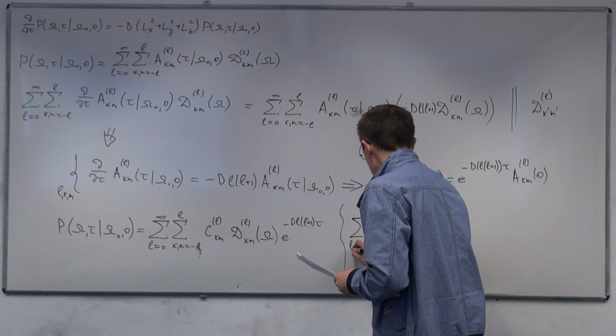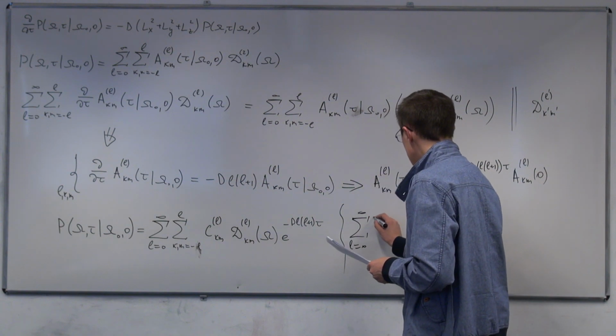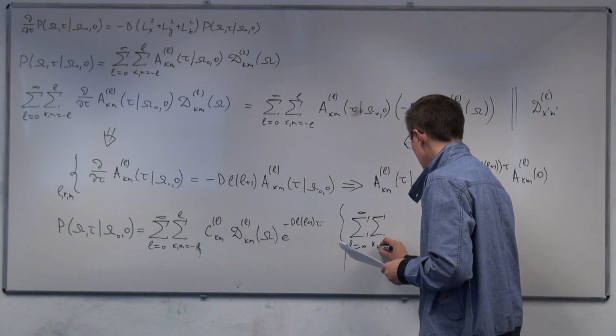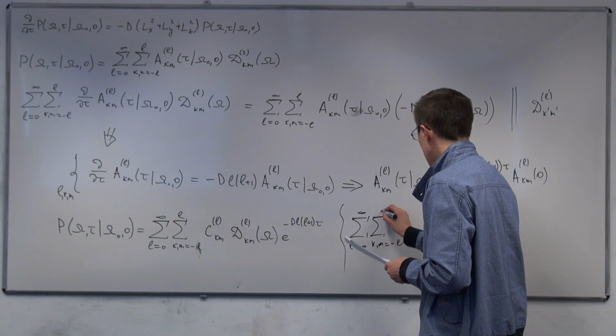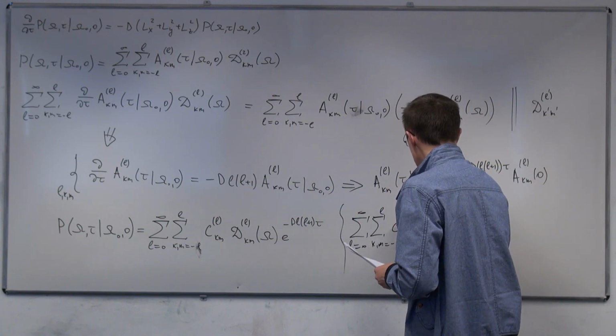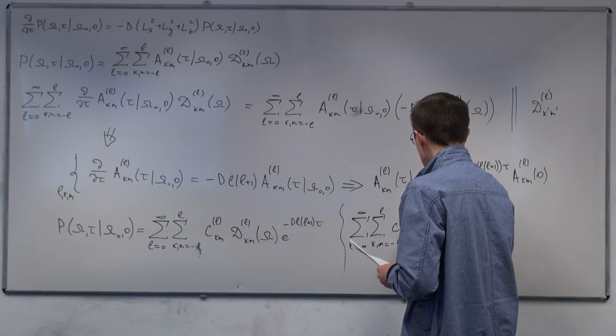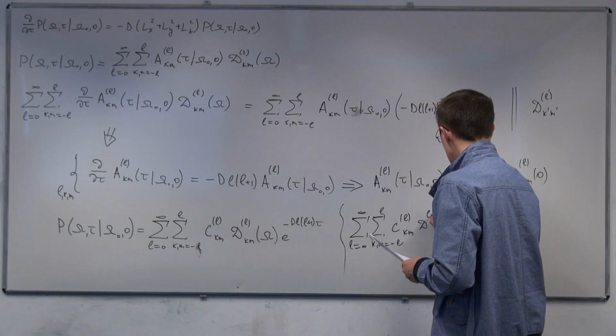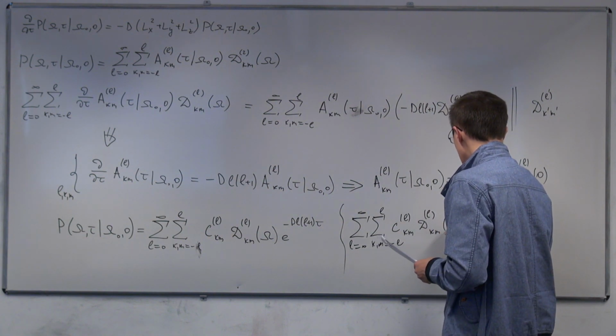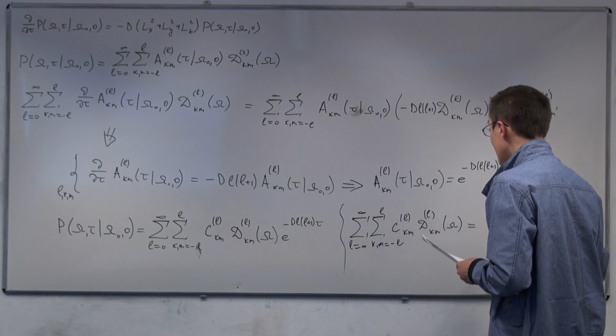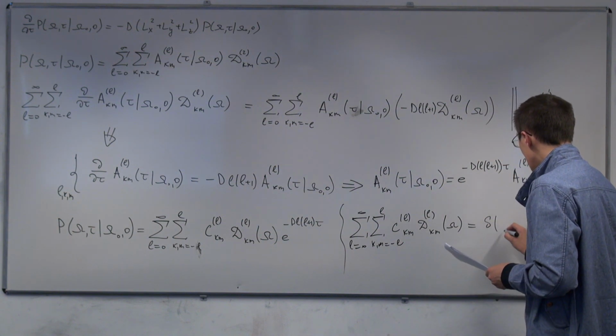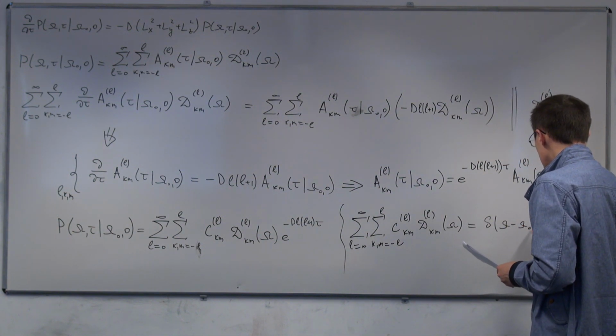A sum L from 0 to infinity, a sum over k and m from minus L to L, C_LKM D_LKM of omega must be equal to delta of omega minus omega 0.